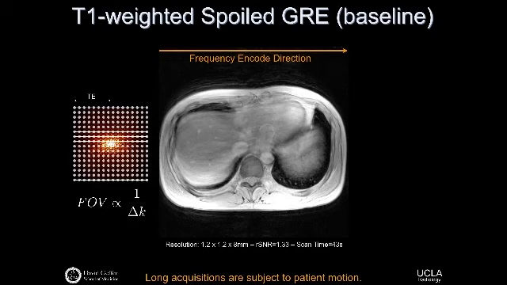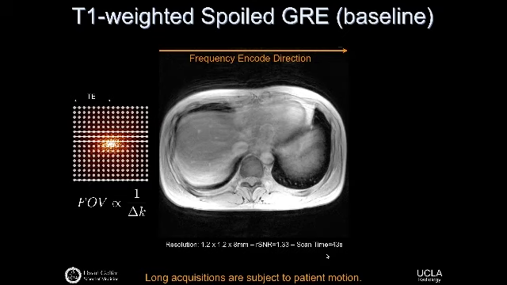Okay, so let's look at this T1 weighted spoiled gradient echo sequence. It's T1 weighted, so it's got a pretty short TR and an intermediate flip angle. This is the image that I would acquire under some protocol that we cooked up. And the downside here is a couple things. This is a long acquisition. This is a 43-second acquisition.